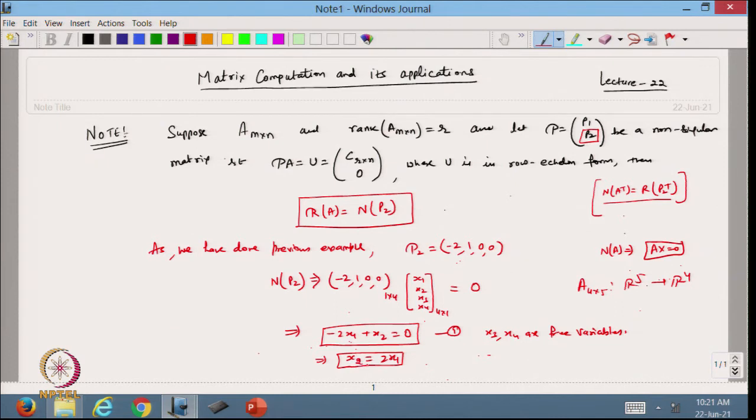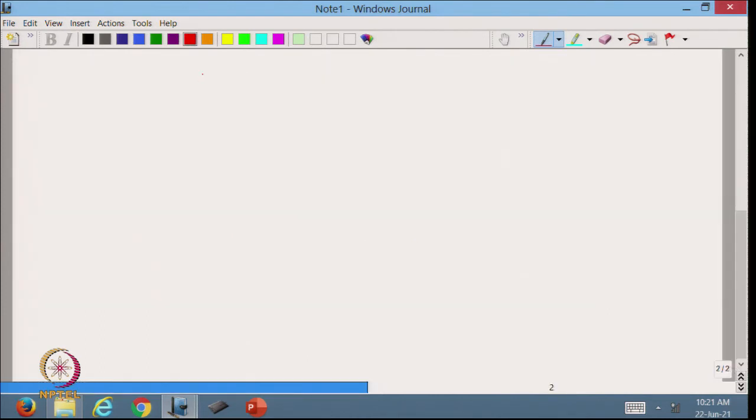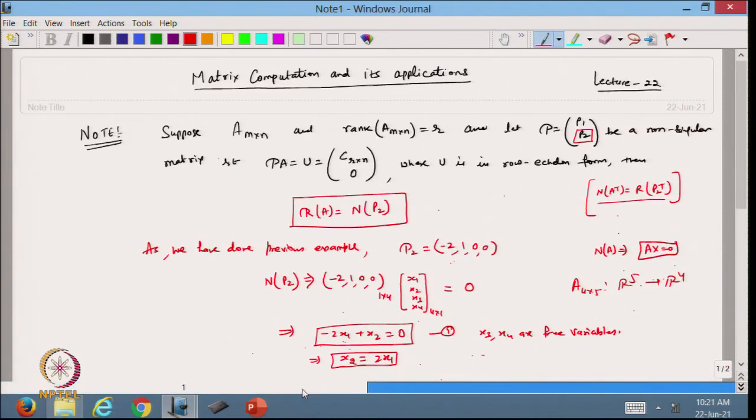X2 is becoming equal to this one. So, from here I can write that my x2 is equal to 2x1, and x1 is always there, and x3, x4. So, this is the vector I am going to have. This vector can be written as, because I need to find the values of x1, x2, x3, x4.